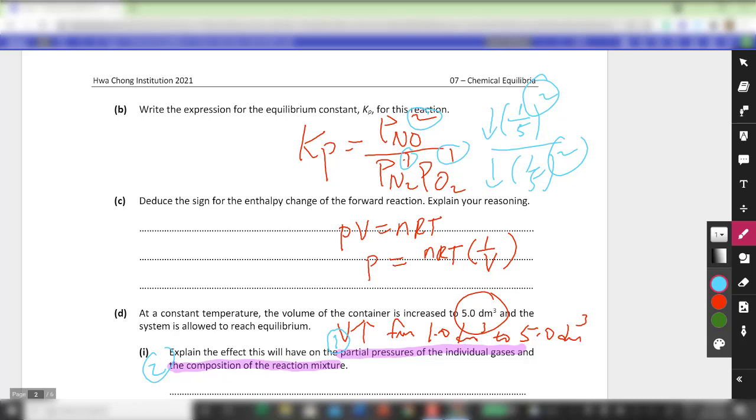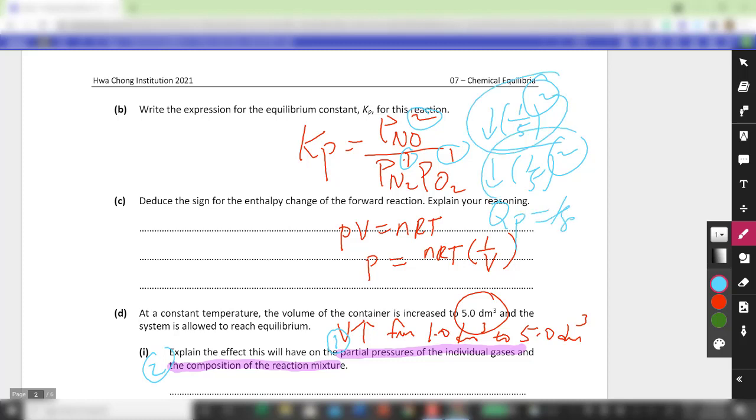So for this case, there is actually no effect on the overall composition. Once the volume increased from 1.0 to 5.0, at that moment instantaneously, the Qp, or what we call the reaction quotient, is actually the same as Kp in terms of value, because this term actually cancels out.